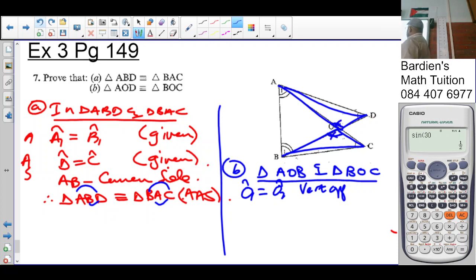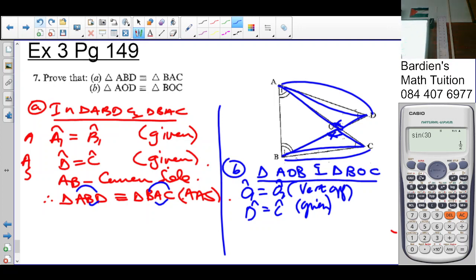Then angle D is equal to angle C. That was given to us. And the last one is that AD is equal to BC. Remember I indicated it here. So we got AD equal to BC. Why? Because triangle ABD is congruent with triangle BAC.